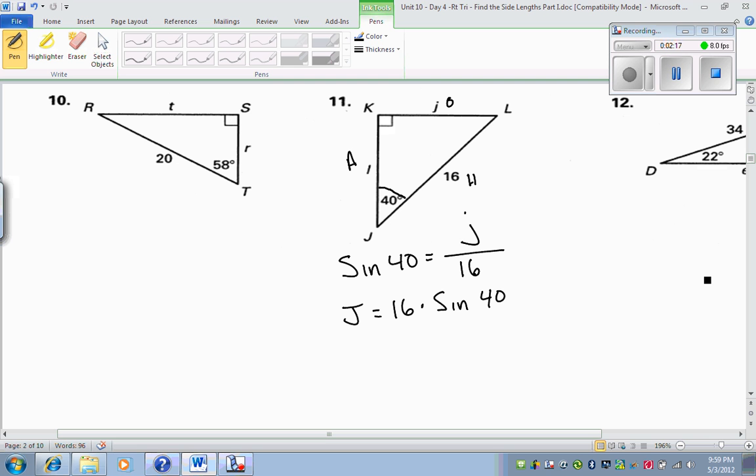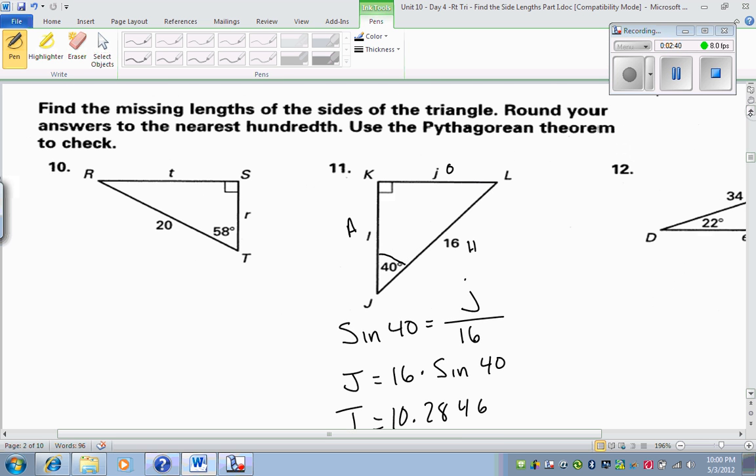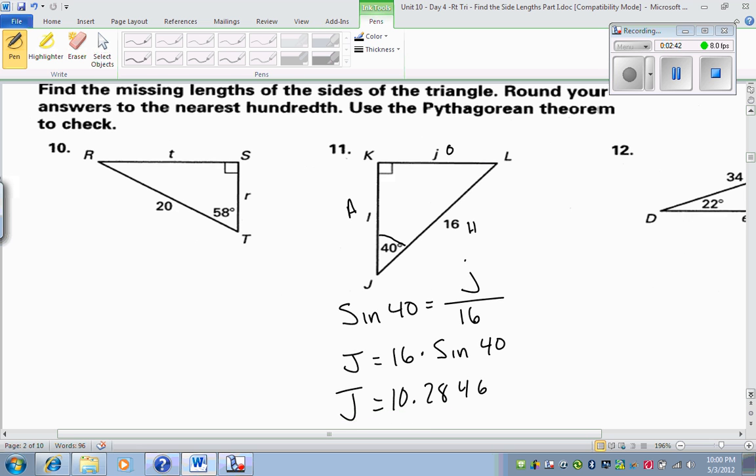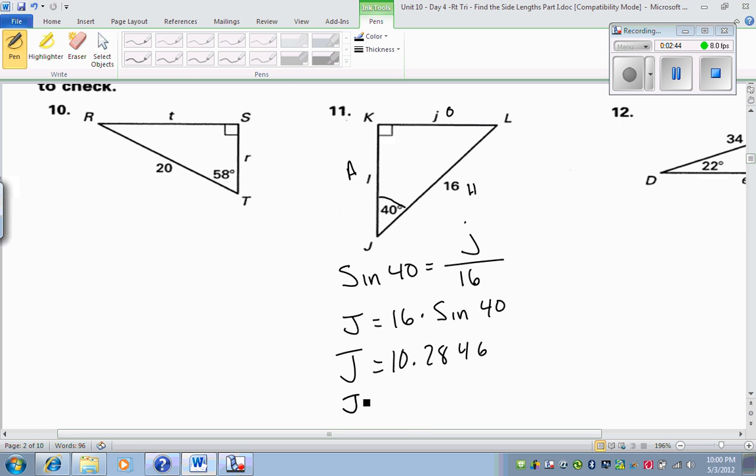If I type that into my calculator, I should get J equal to 10.2846, but I think the directions would have us round to the hundredths place. Let me scroll up and see what it says. Round to the hundredths place, that's 2 decimals. So J equals 10.28.